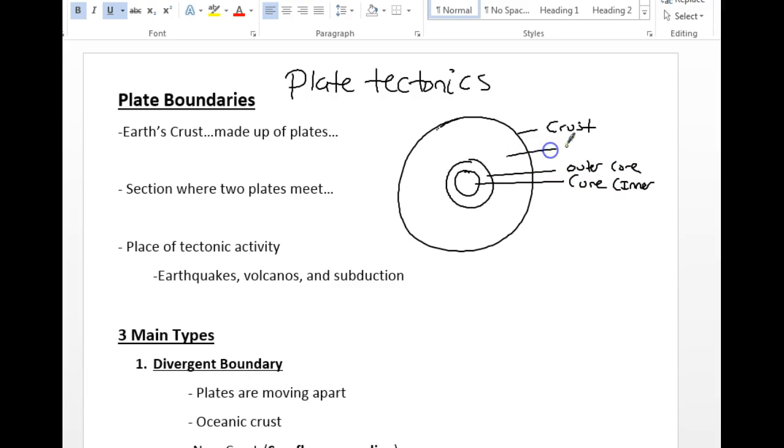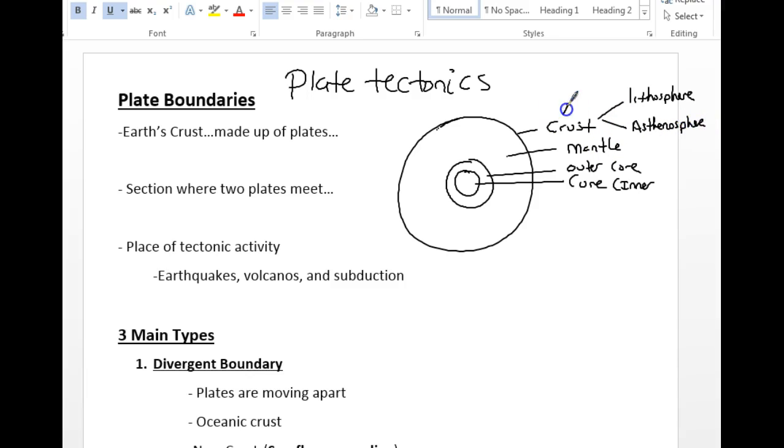Then you have something called the mantle. And you can even take the crust, divide it into the upper part, the lithosphere, and then the bottom part of the crust. And the upper part of the mantle is the asthenosphere. And there's a lot more words we can add to this.